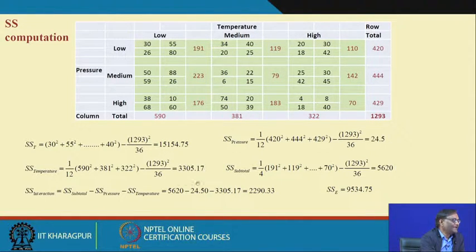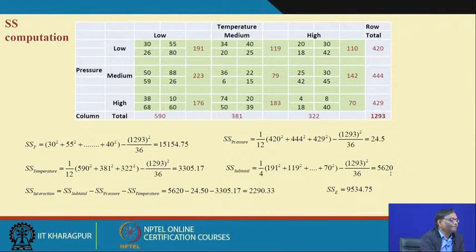In the same manner, the sum of squares for temperature is 3305.17. For SS subtotal, considering the 9 subtotals, we take 1 by n times all those subtotals squared, minus the correction factor, which gives this value.